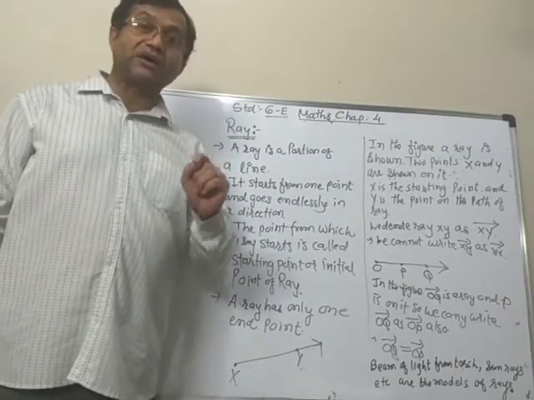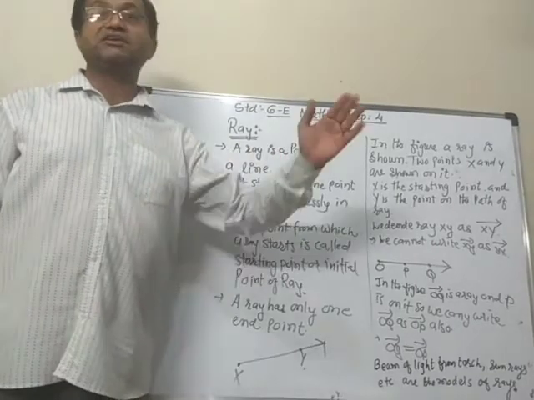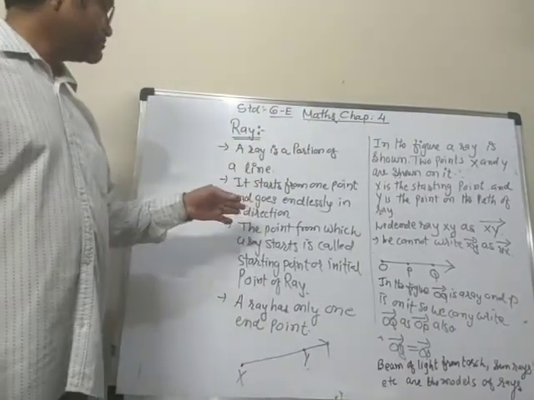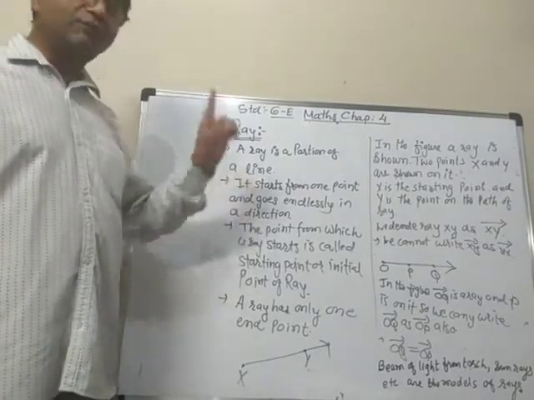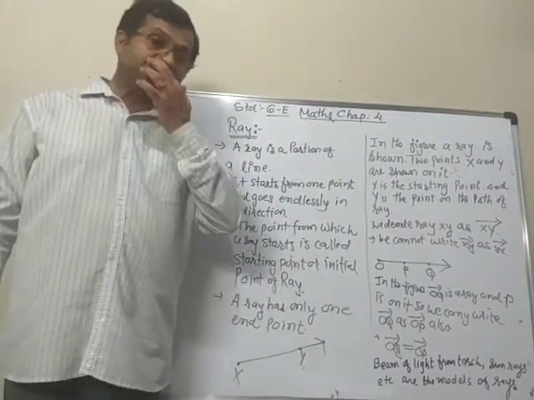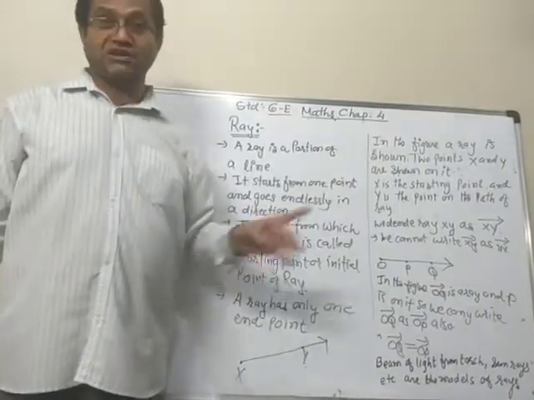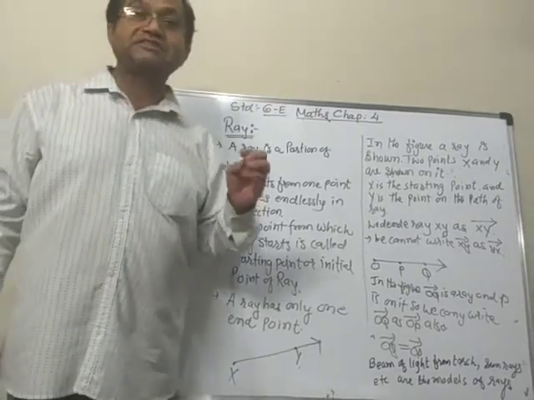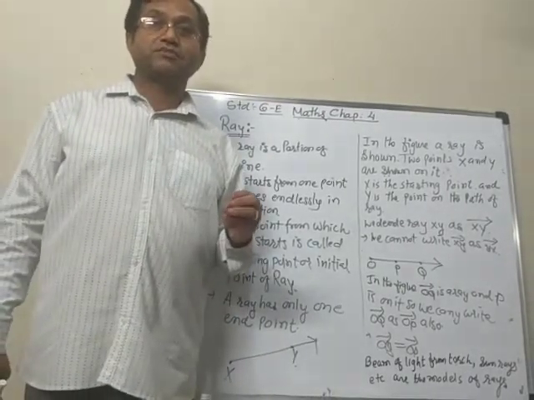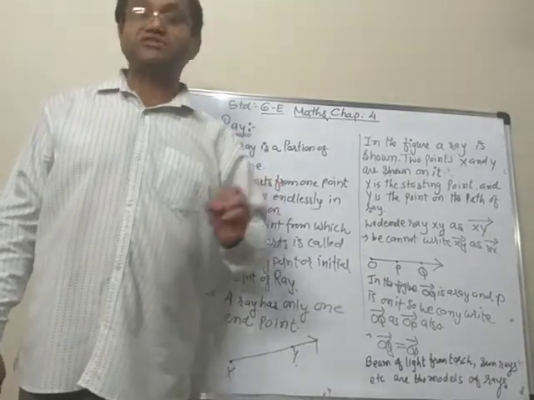A line was going both sides endlessly, in both directions. But here, the ray is starting from one point, but it goes endlessly in only one direction. And the point from which it starts is known as its starting point or initial point.